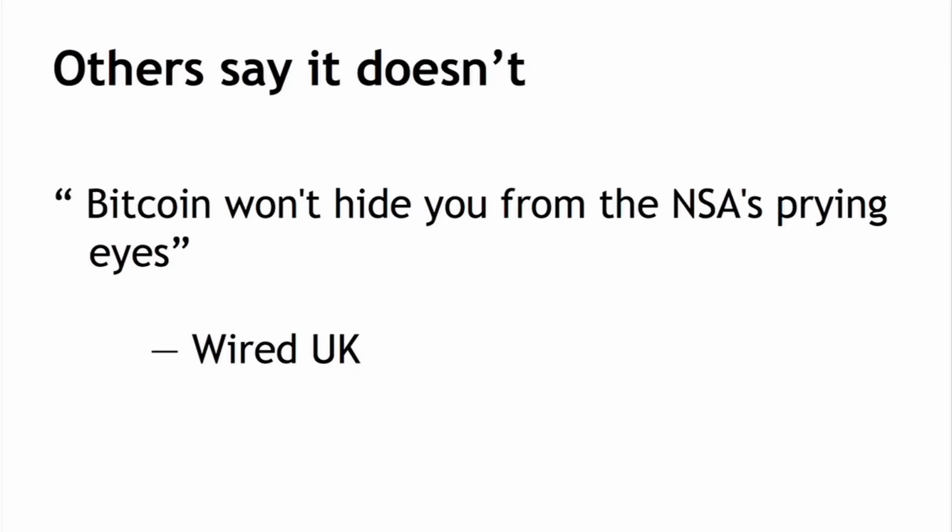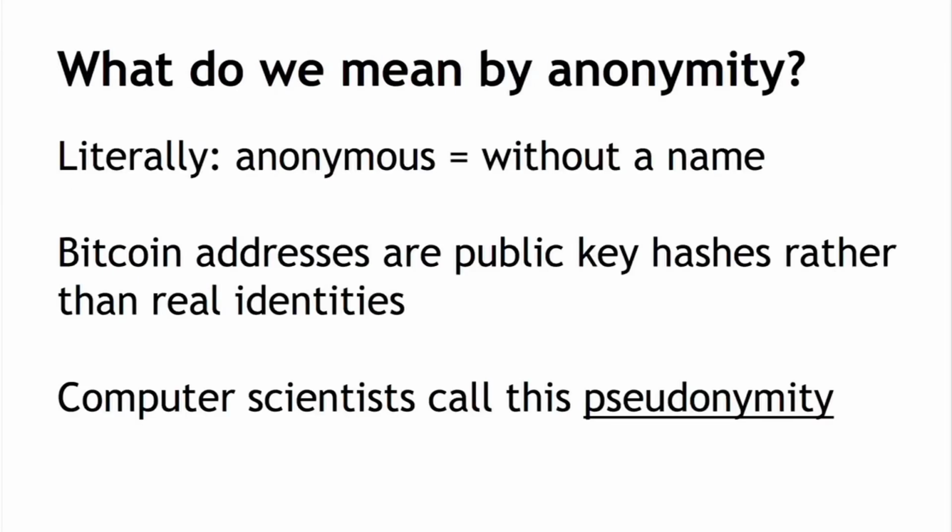Let's look at what the word anonymous means. At quite a literal level, anonymous means without a name. And so what does that mean exactly? Well, there's two ways to interpret it. We know that in Bitcoin, addresses are public keys. You don't need to put in your real name in order to interact with the system. Or public key hashes instead of real identities.